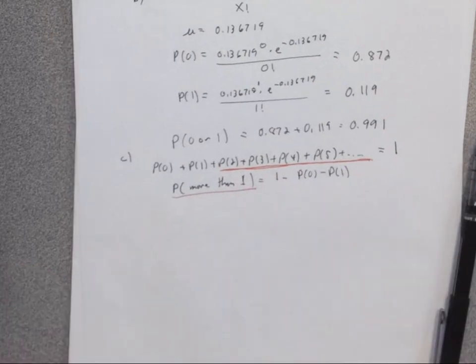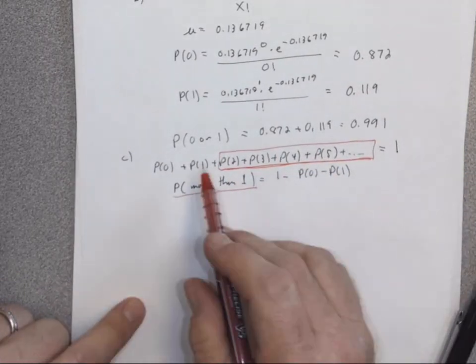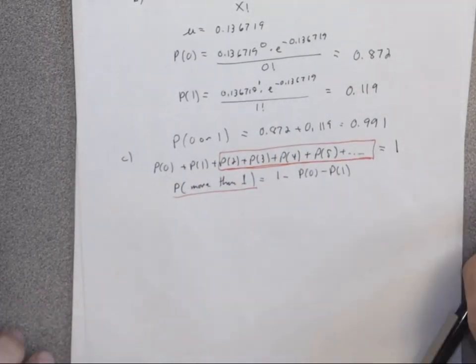So when I solve for this box right here, you just subtract off those two numbers.